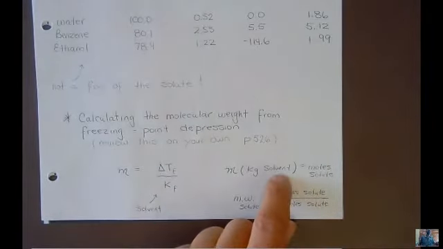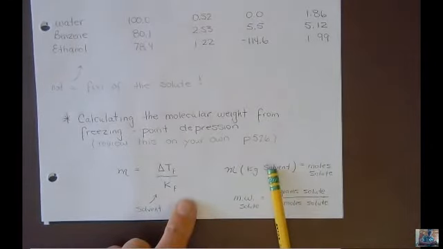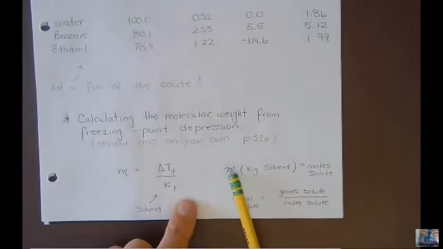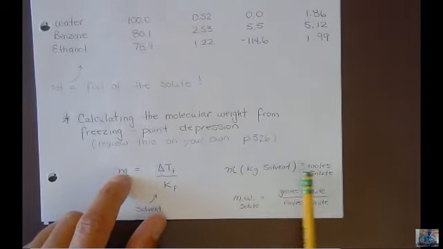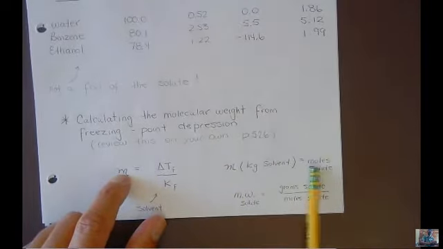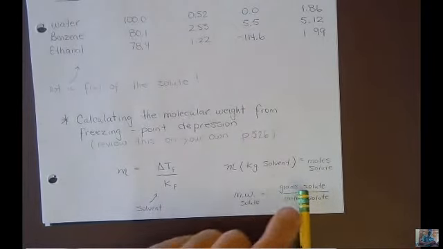I know the kilograms of solvent because I took my unknown solute. I didn't know what this stuff is. I took my unknown solute, I put it in a known amount of solvent. So I know how much water I started with. Right? So I take this molality that came out of here times the kilograms of solvent. That gives me the moles. Okay. I didn't know what the stuff is. It's an unknown, but I know how much I took.